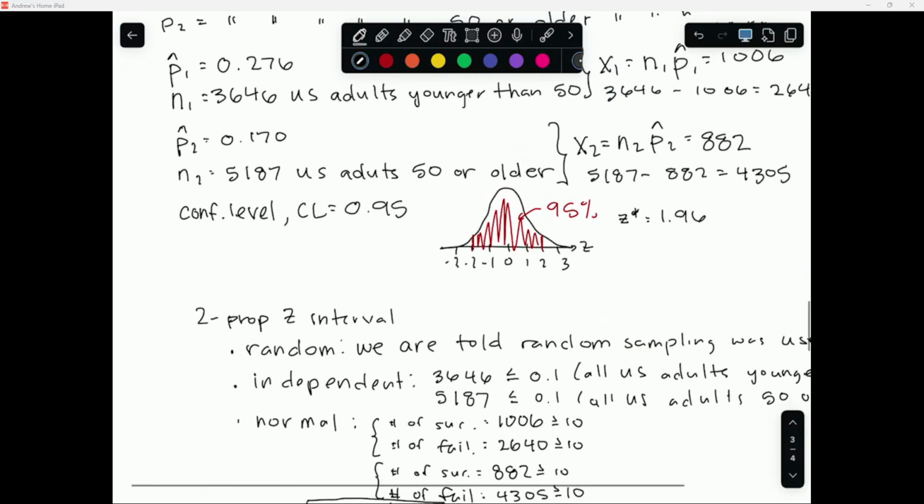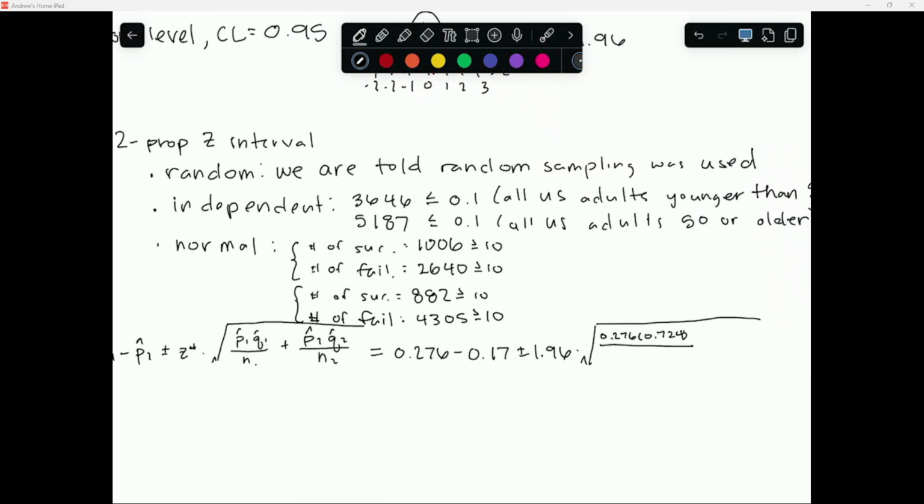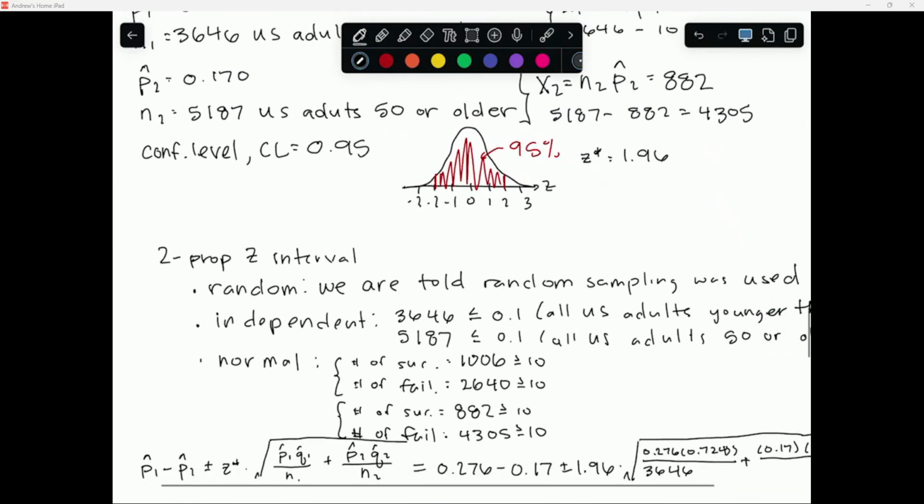Wait, did I copy that around? 0.276 and 0.17. 0.276 plus or minus 1.96 times, and then big square root, 0.276, and then its complement, which is 0.724, all over a sample size of, I go back up, 3646, plus 0.17, 0.83, all over our second sample size, n2 was 5187.